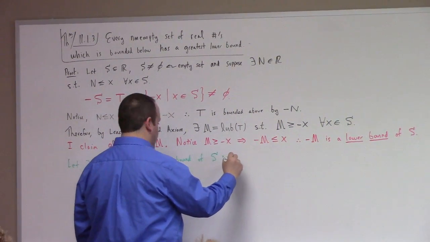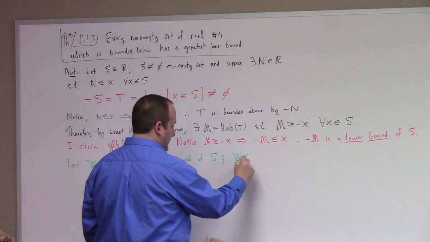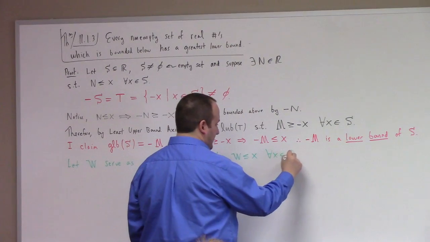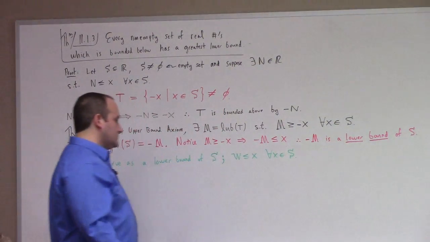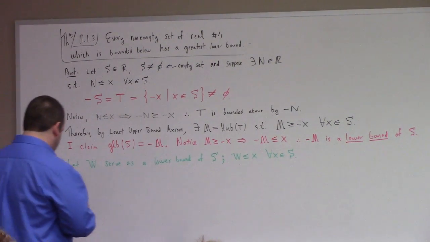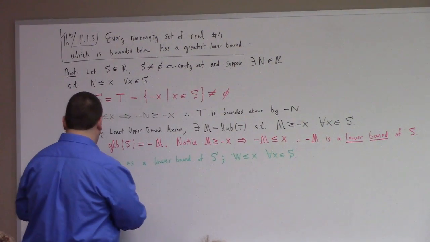That means that W is less than or equal to x for all x in S. Nothing shocking here about that. What can we do? Same trick as we've already been doing. Multiply this by minus 1.